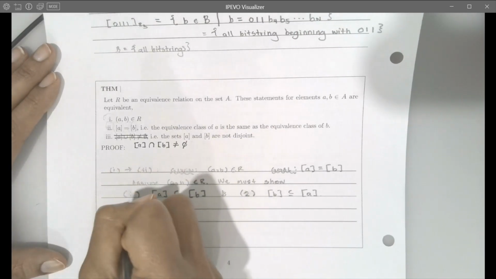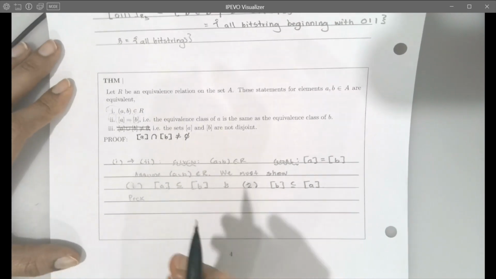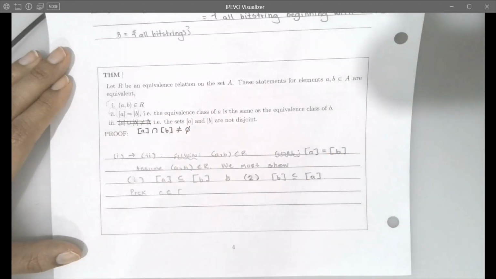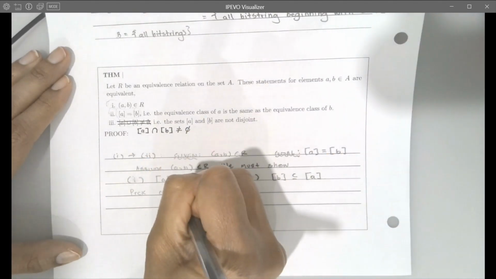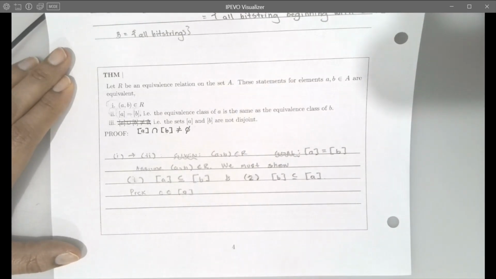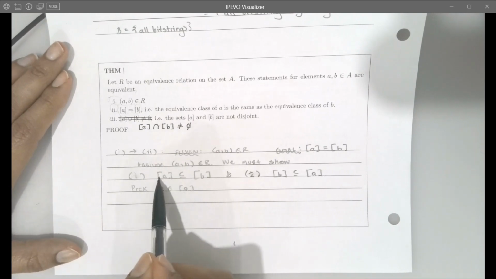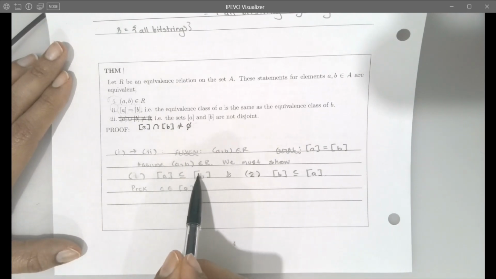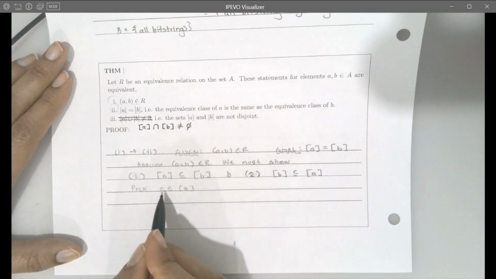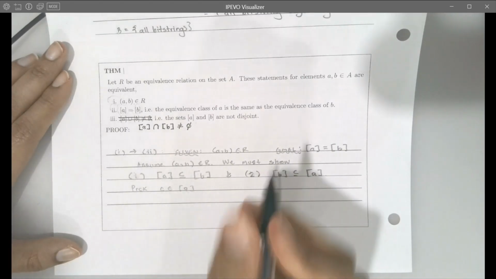Alright, so to show that 1 is true, pick an arbitrary element that is part of the equivalence class of A. So pick C that is part of the set. And remember, whenever we show subset, we want to show that if it's part of the smaller set, then it has to be part of the larger set as well, that is encompassing the smaller set. So we're going to pick an arbitrary element C in the equivalence class of A. And then what does that mean?